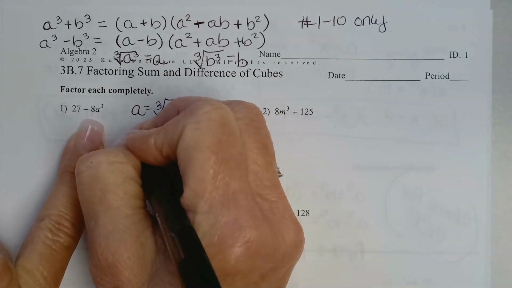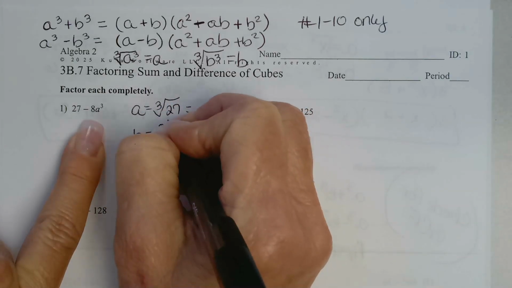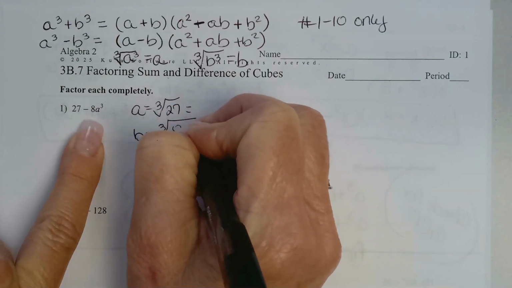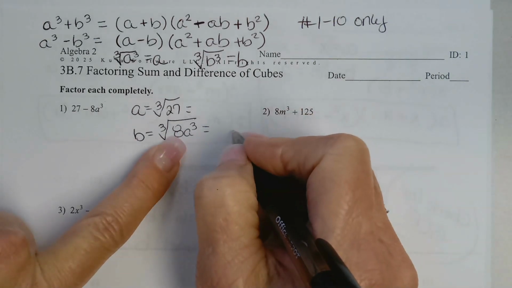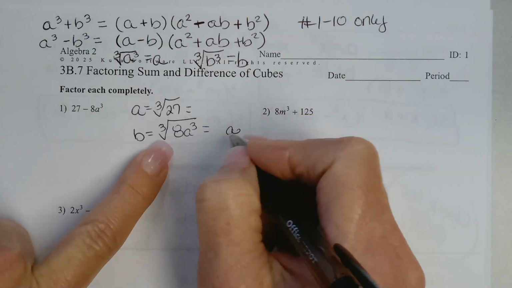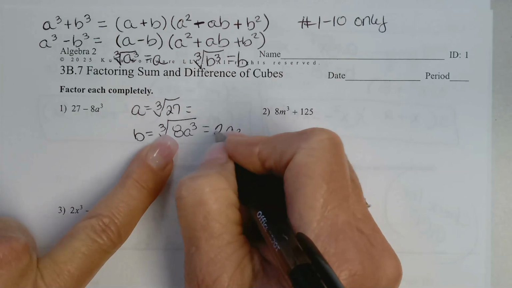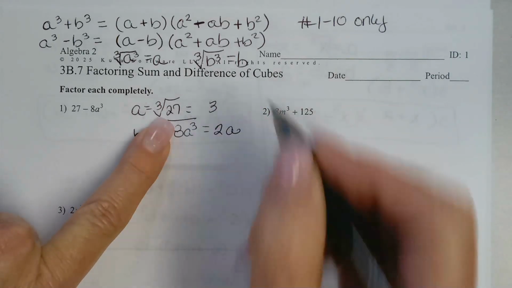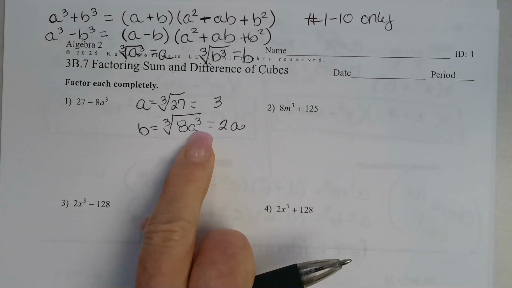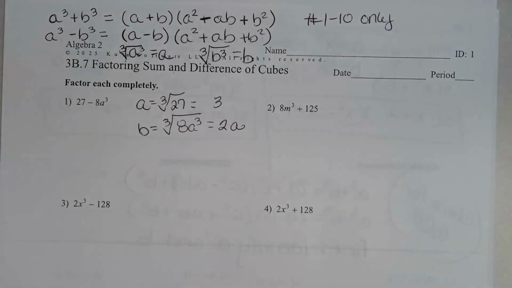This next one, for our B, we want the cube root of 8a to the third. Now, we know the cube root of a to the third is a. The cube root of 8 we can actually put in the calculator, and that's 2. The cube root of 27 is 3. So remember, your cube root of your variable is just going to be the base. Okay? Get started on 1 through 10.